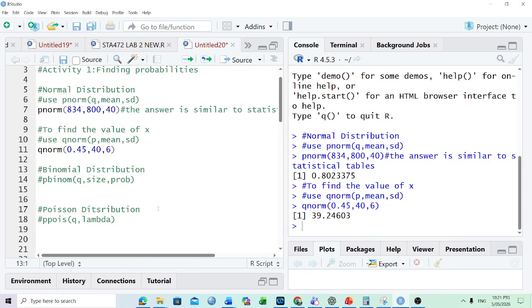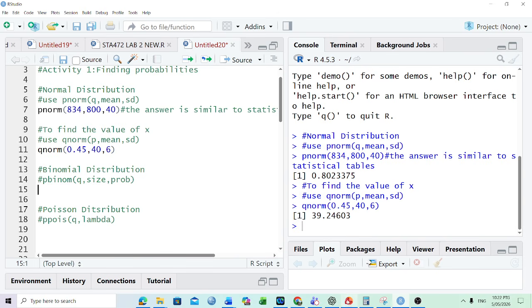Next, for binomial distribution, we use pbinom. In brackets, you need also to have three values. You need to have q, where q is an x value, the sample size, and the probability of success, to find the probability of a specific number of successes.